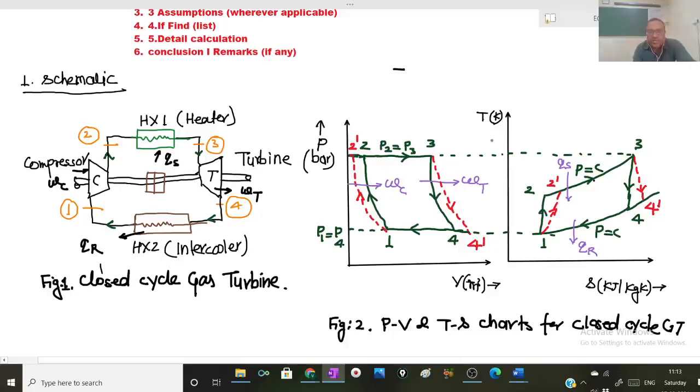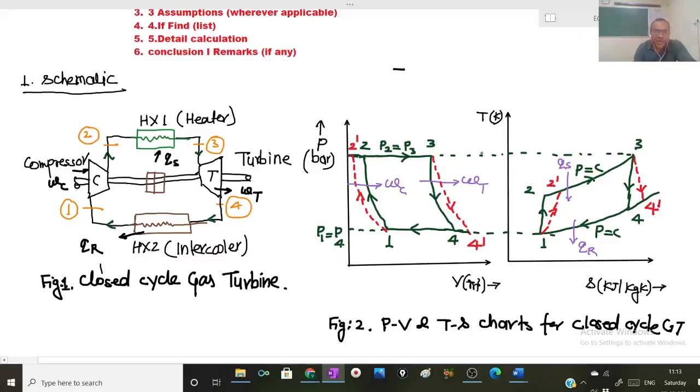Now in these PV and TS charts, the cycle shown in green color represents the ideal cycle, considering reversible processes. So 1 to 2 is isentropic compression, entropy remains constant. 2 to 3, isobaric heat addition, heat supplied in the heat exchanger. 3 to 4 in green color represents isentropic expansion of the gas in turbine, and 4 to 1 represents isobaric heat rejection in intercooler.